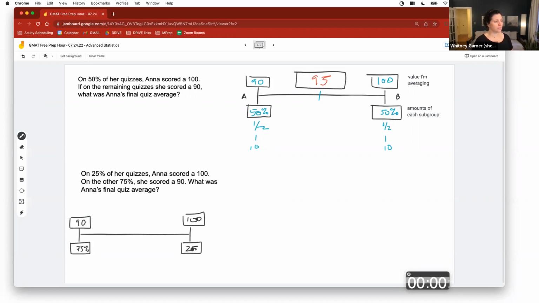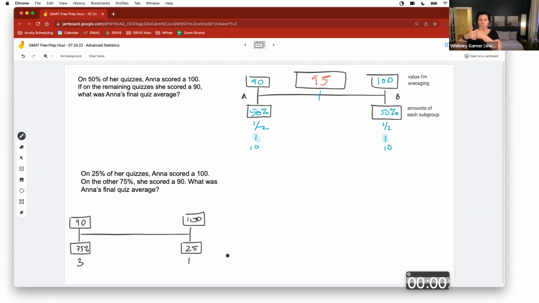But what I'm going to do is adjust. All I care about is not the 50 and the 50. I care that I can see the simplest ratio of these. So for the one we did up here, the simplest ratio is that 1-to-1. For these, the simplest ratio would be to take these both down to a 3-to-1.